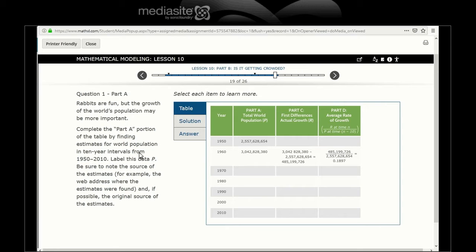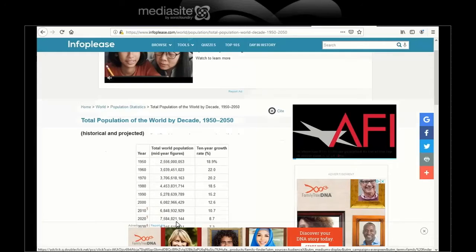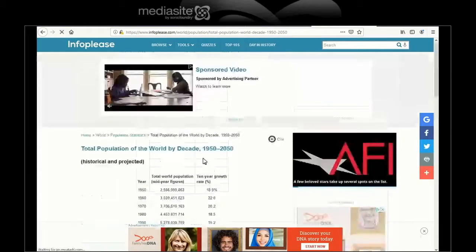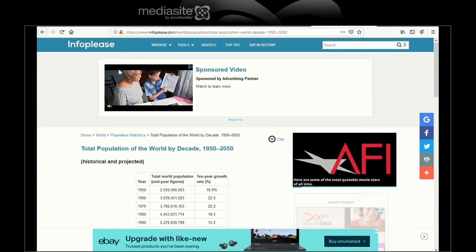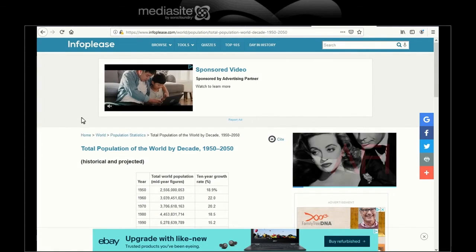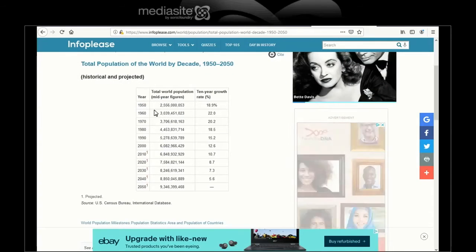Now, for this, I went on some web searching, and basically I settled on this site. I just searched world population, 1950 to present, something like that. I had to look at a couple of sites, but I found this one here.